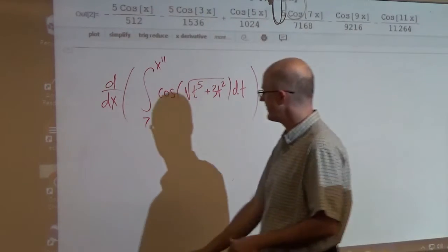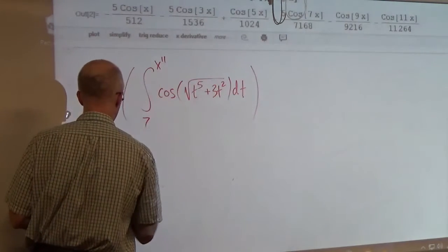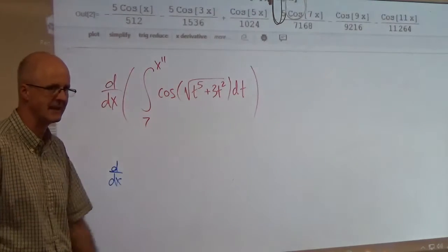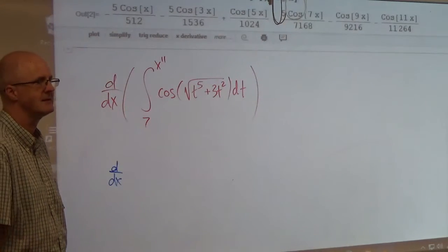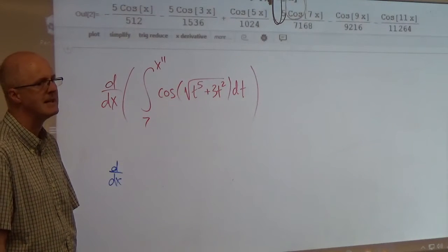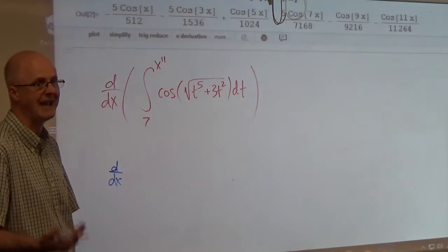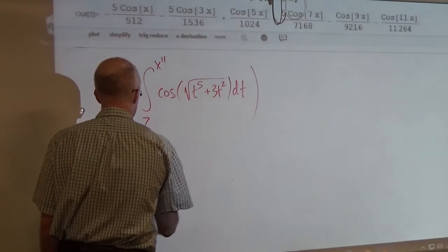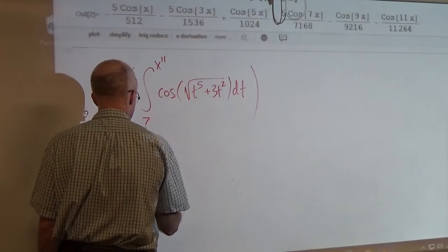The second fundamental theorem of calculus, which, again, not everybody calls the second fundamental theorem. Sometimes they just say fundamental theorem. It's a different form. I call it the antiderivative construction theorem. Actually, the textbook does too. The statement is like this.